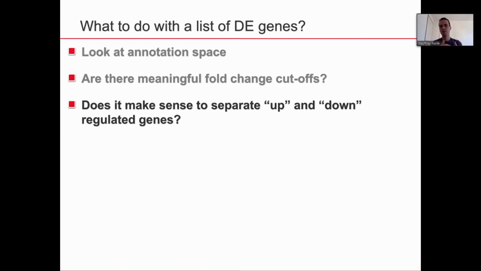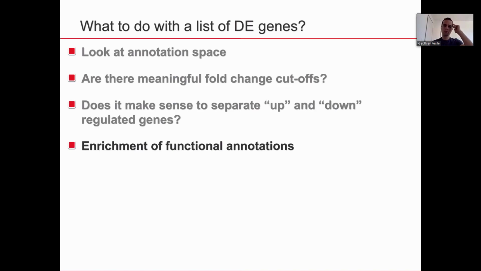So if we have an increase in a negative regulator, that might actually mean that the output of the pathway is decreasing. So let's say the transcript is higher in the mouse, but unless we relate that to what we think we know about the encoded function of that transcript, it's a bit difficult to separate things into up and down. It's not entirely useless, but it's a complicated way to think about it.